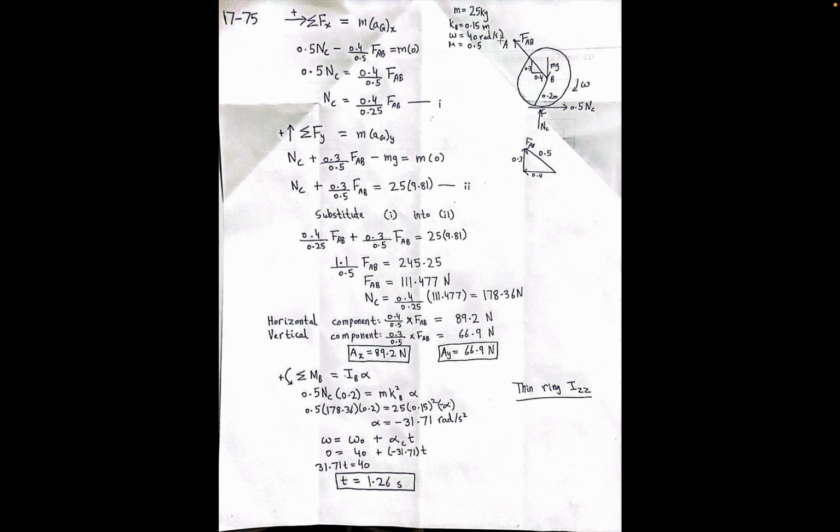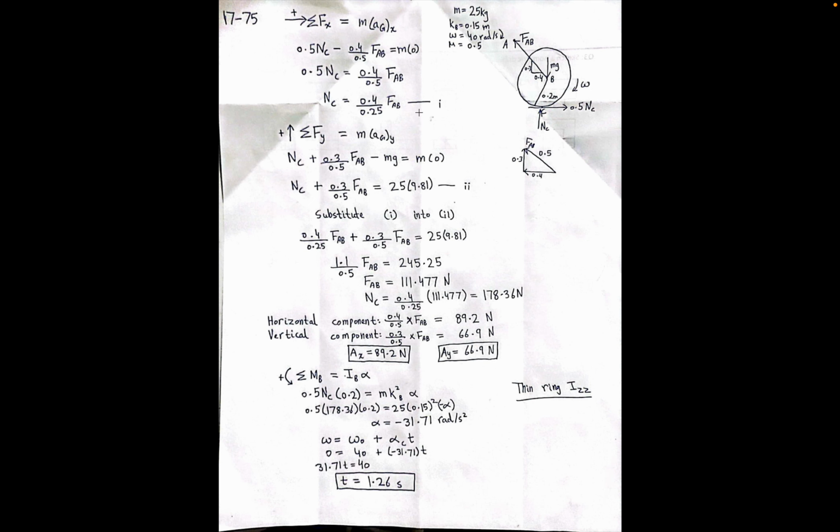So first we do the summation of the horizontal forces, which is equal to m a_G, the acceleration in the horizontal direction. We know that acceleration will be 0 in the horizontal direction, so the forces in the horizontal direction are 0.5 NC minus 0.4 divided by 0.5 FAB, and FAB is in the left direction, the horizontal component, so it's negative.